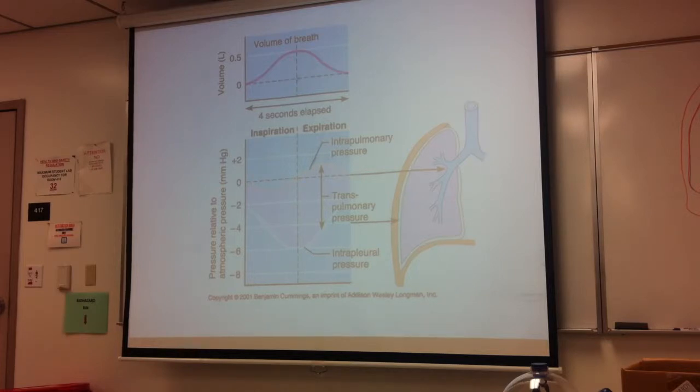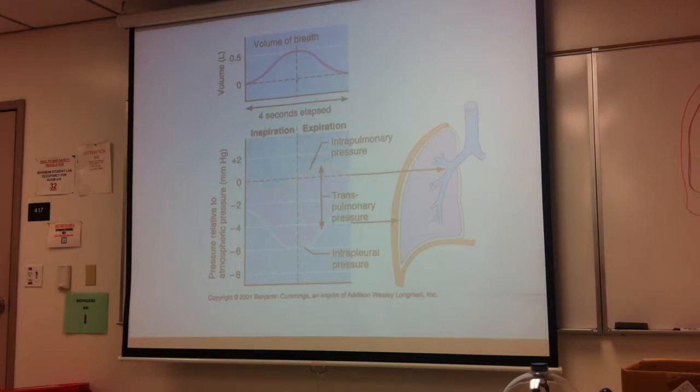And then intraalveolar pressure when we breathe in is going to be lower than atmospheric pressure. So it's dropping here to about 758, 759. And atmospheric pressure is greater, so notice air is being pushed into the lungs.